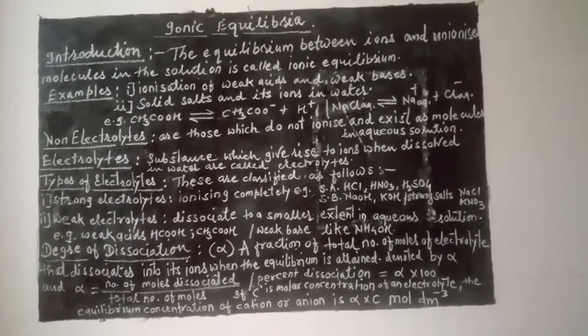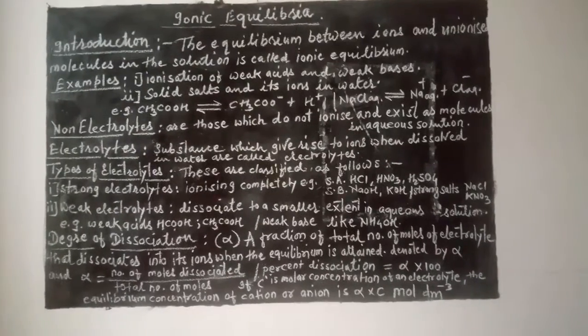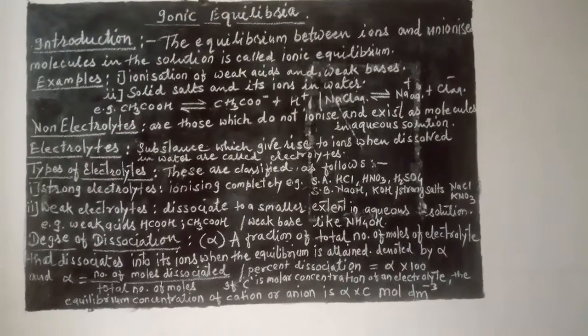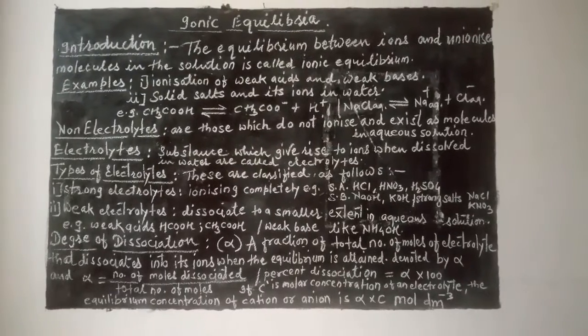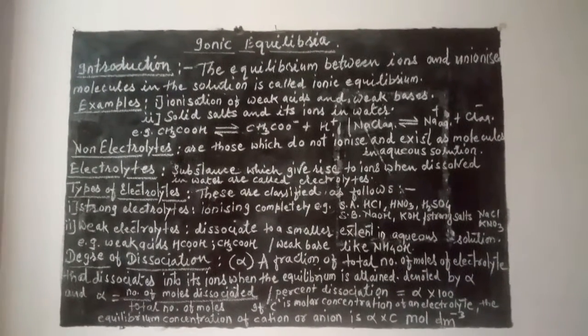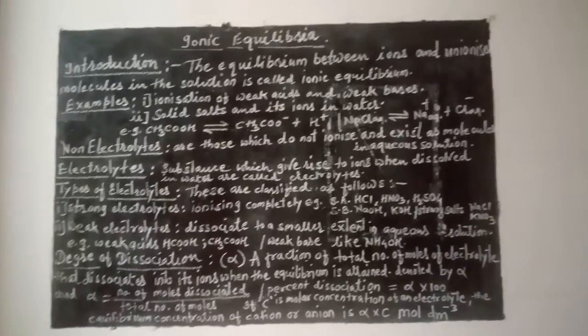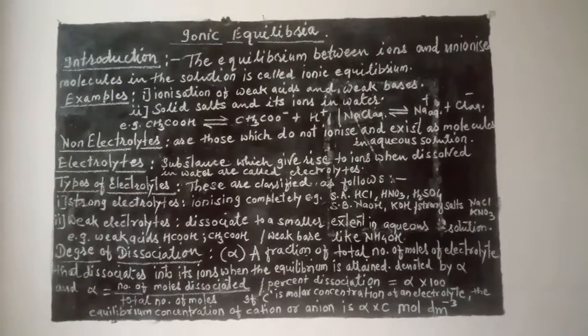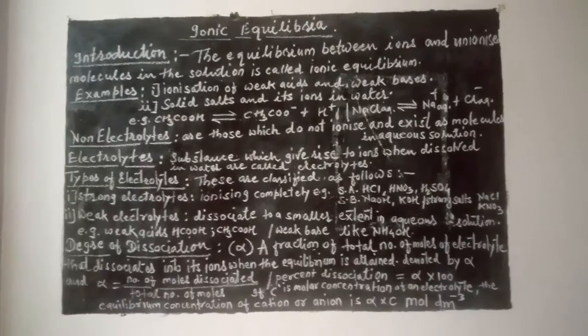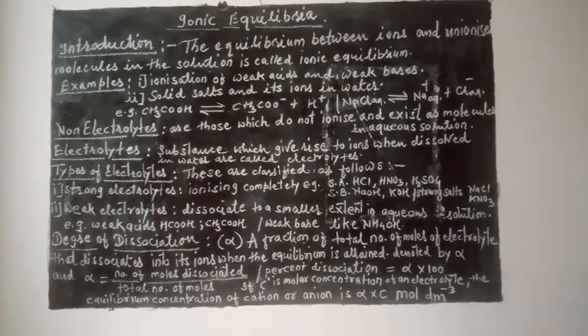So students, today we have studied the terms like definition of ionic equilibria, non-electrolytes, electrolytes, types of electrolytes, that means strong electrolytes and weak electrolytes, and degree of dissociation.